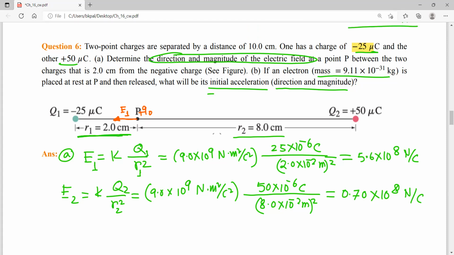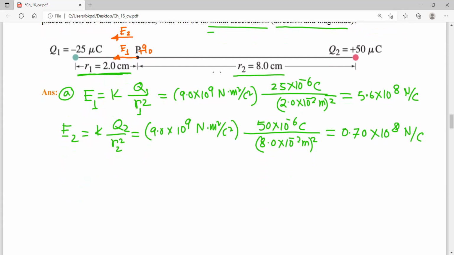Now compare it with q2. Now because q2 and q0 both are positive, q0 will also move in this direction for q2. So both E1 and E2 are to the left. Okay, so the net electric field will be negative 5.6 times 10 to the power 8 Newton per Coulomb, and again it is negative 0.70 times 10 to the power 8 Newton per Coulomb.